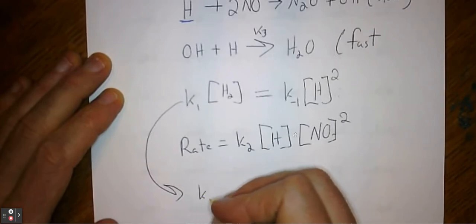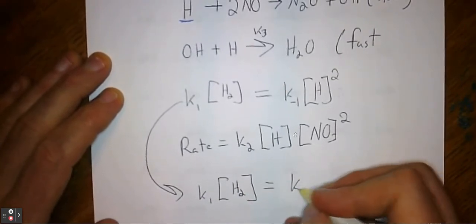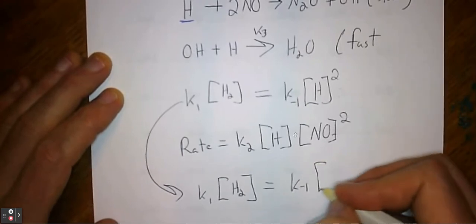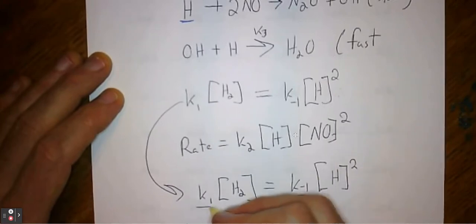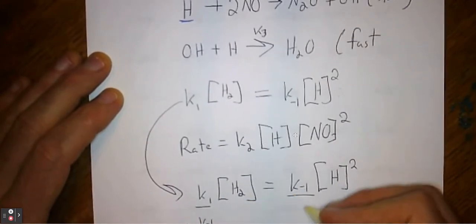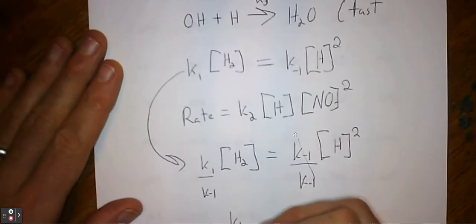I'm just rewriting it so that it's easier to follow. I hope so for you. So I'm going to divide both sides by K inverse. These are going to cancel, and I'm going to be left with this.